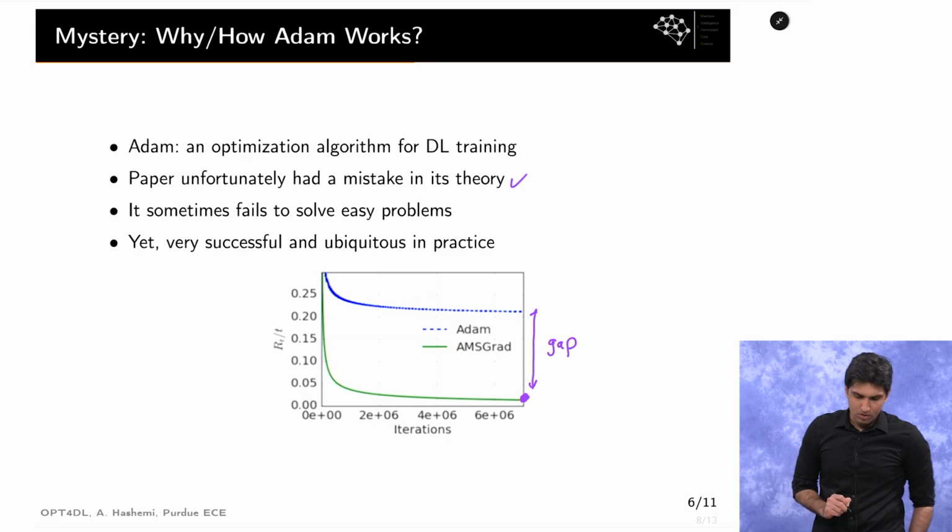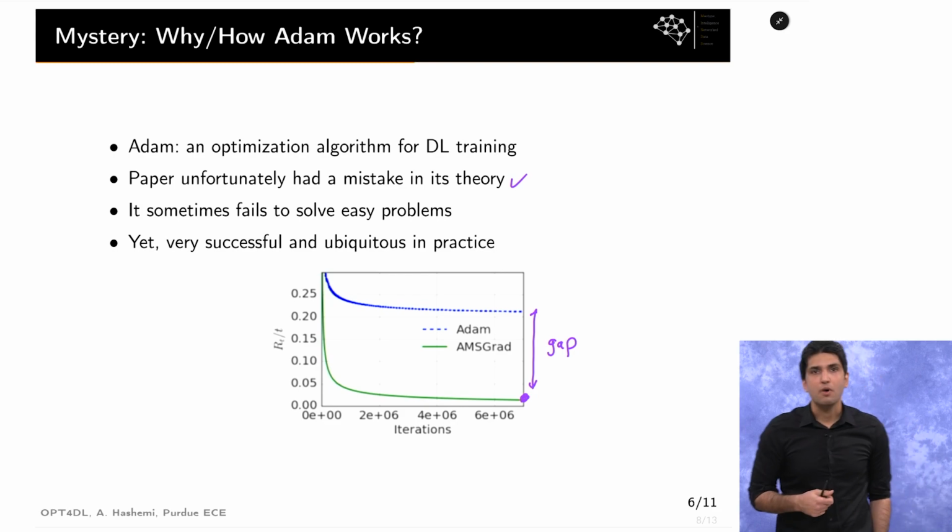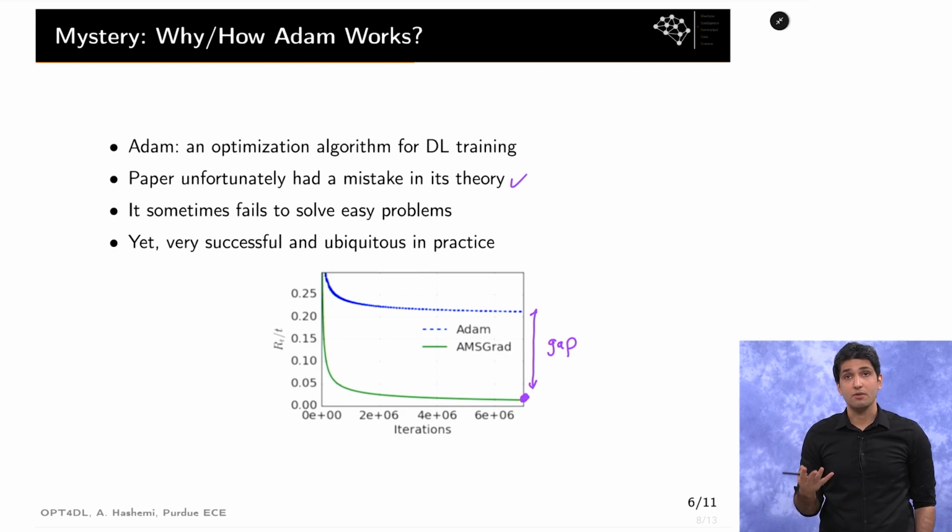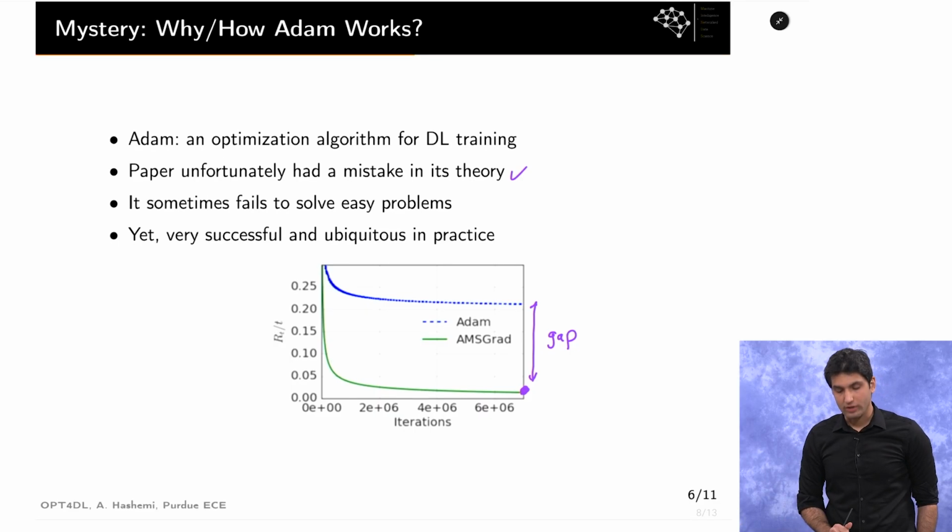So the mystery is why ADAM works, or how ADAM is able to work very successfully when training complicated deep learning models, but may fail for some simple problems. And again, to understand this mystery, we should hopefully leverage ideas and insights from optimization theory, because at its core, ADAM is an optimization algorithm.